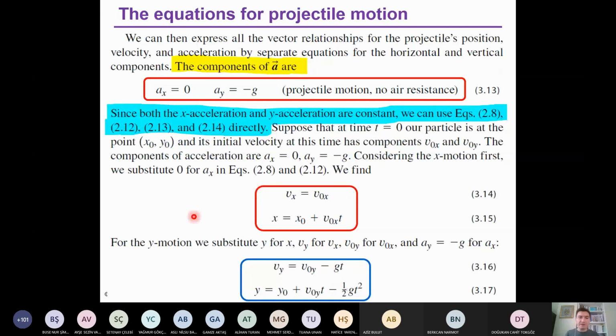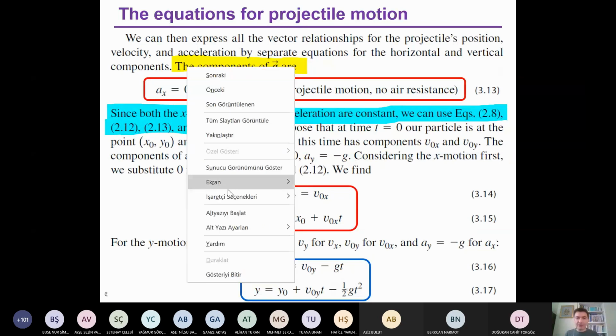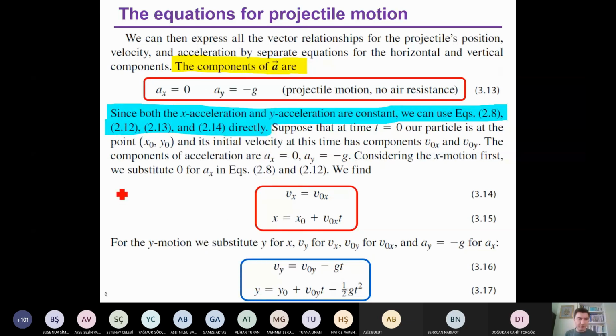So remember the first equation. What was the first equation? vx was equal to v0x plus axt, right? This was the first equation. The second equation was x equals x0 plus v0xt plus 1/2 axt squared, right?